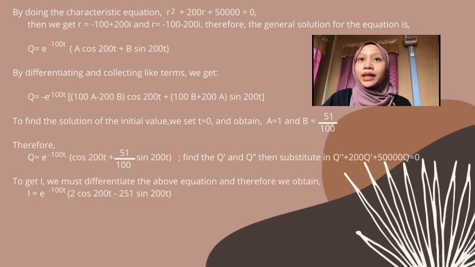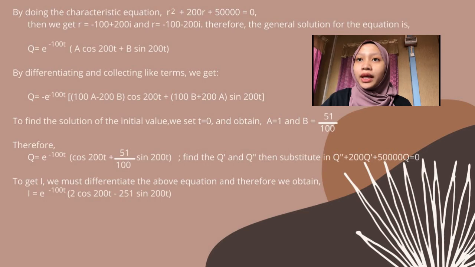By differentiating and collecting the like terms, we get Q' equals negative e to the power of negative 100t, bracket 100A minus 200B cos 200t plus 100B plus 200A sin 200t. And then we will find the values of A and B by substituting Q(0) equals 1, meaning when t is 0, Q equals 1.